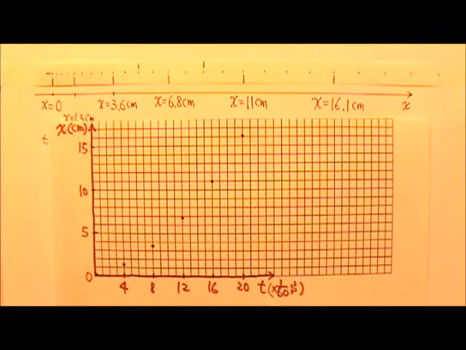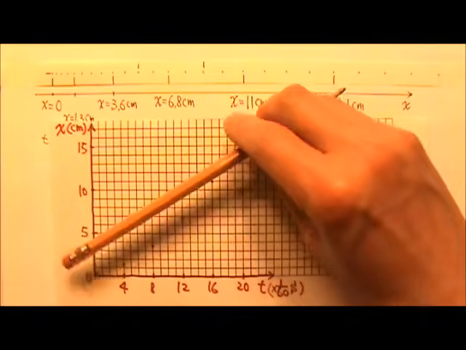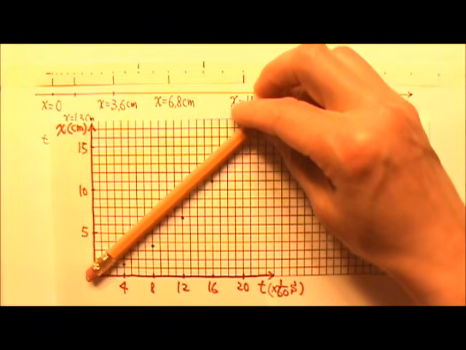So you probably have figured out that once you plot the dots on the graph, in this case I have centimeters for the x-axis and times 1/60th of a second for the horizontal axis, the time. I get a curve that's curving up like this, not a straight line.